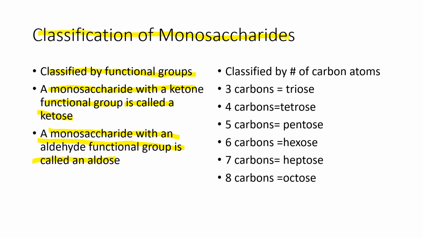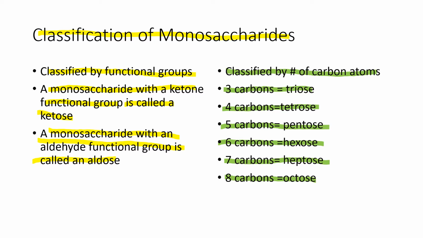There's another classification scheme we can use for monosaccharides, based upon the number of carbons. Instead of looking at functional groups, we could just look at the number of carbons. A monosaccharide with 3 carbons would be called a triose, 4 carbons a tetrose, 5 carbons a pentose, 6 carbons a hexose, 7 carbons a heptose, and 8 carbons an octose.